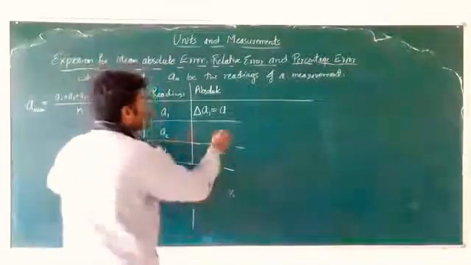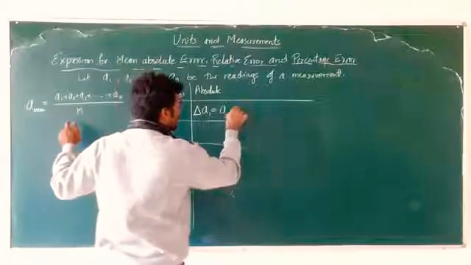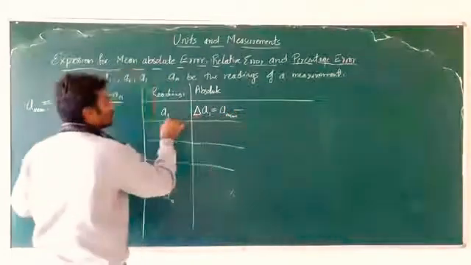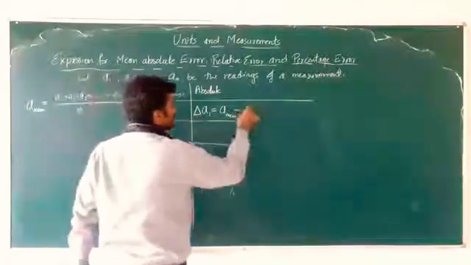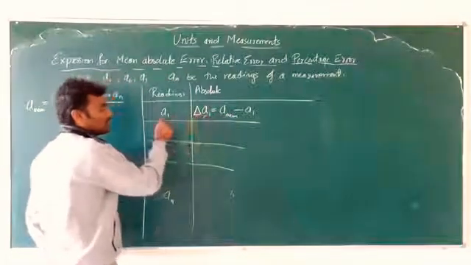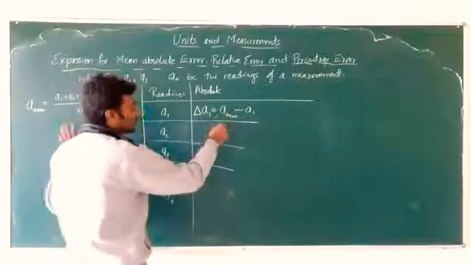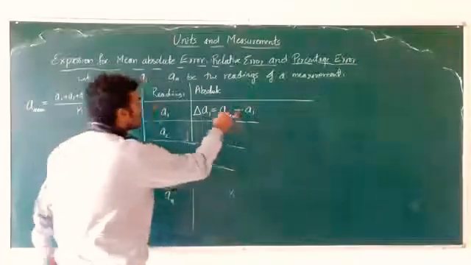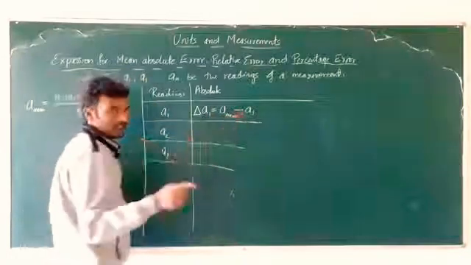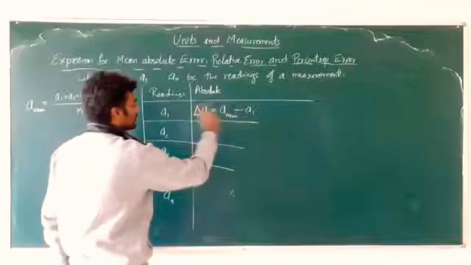The true value is the mean value, both are one and the same. So delta A1, the absolute error of the first reading, is equal to the mean value or the true value minus the first reading. Getting? The absolute error of the first reading is the true value minus the first reading.